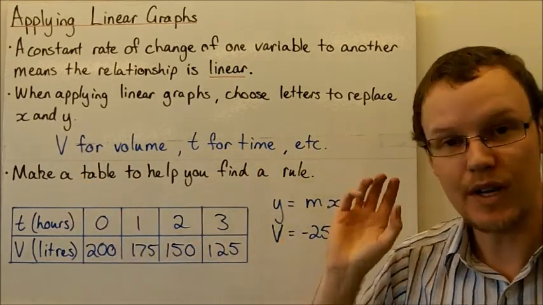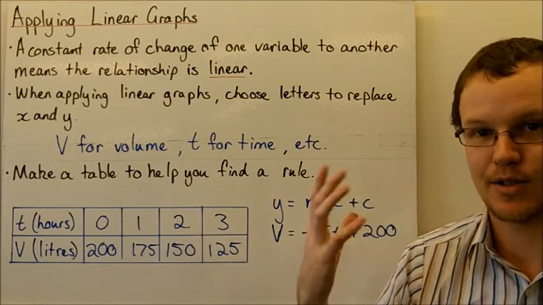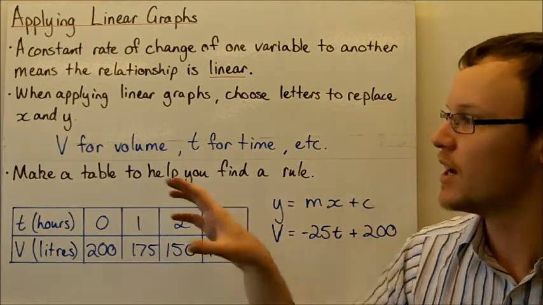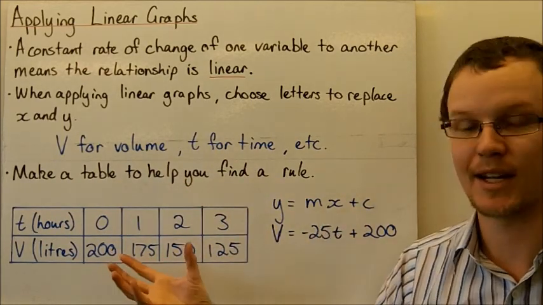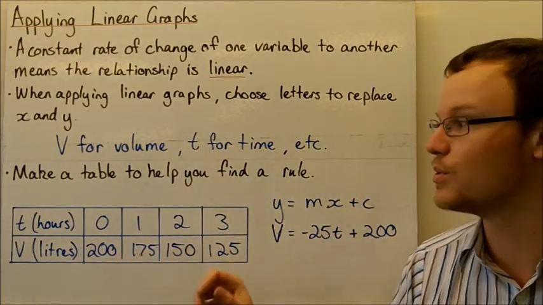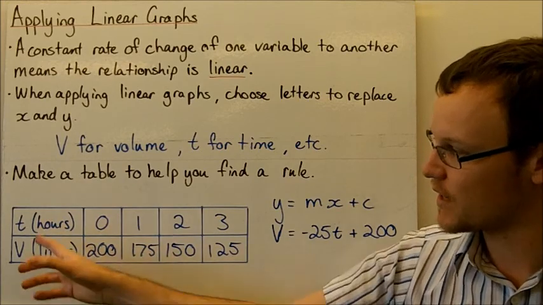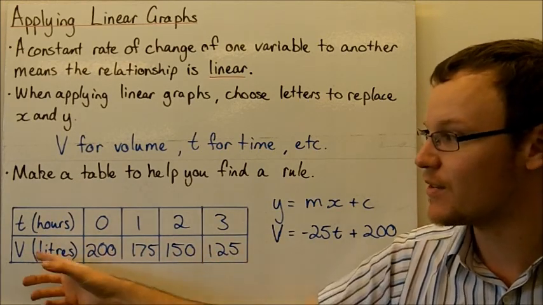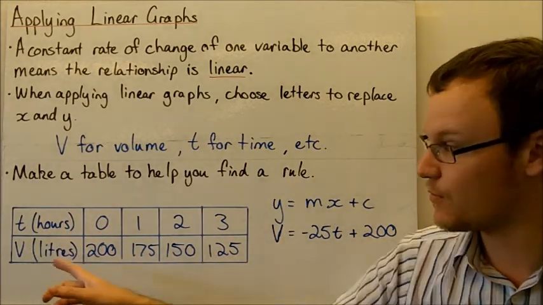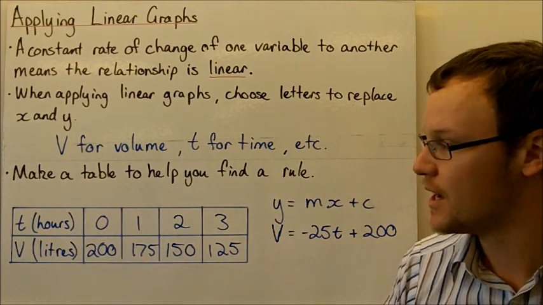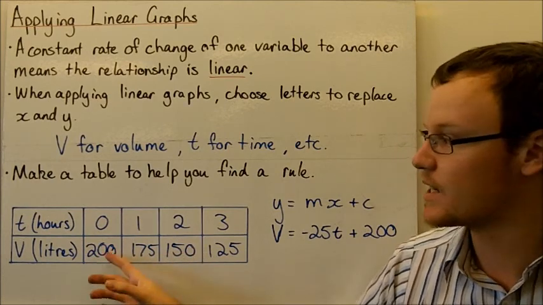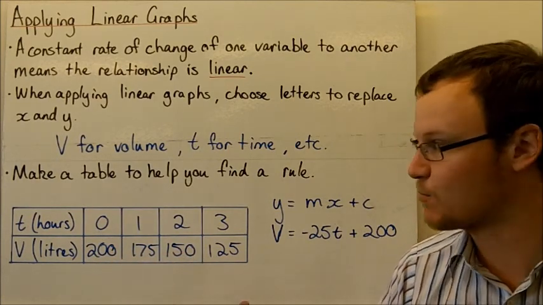In order to apply linear graphs, make a table of values that can help you find a rule. So if we have a table of values that links V, volume in litres, and t, time in hours, it could be a 200 litre container that's leaking water.